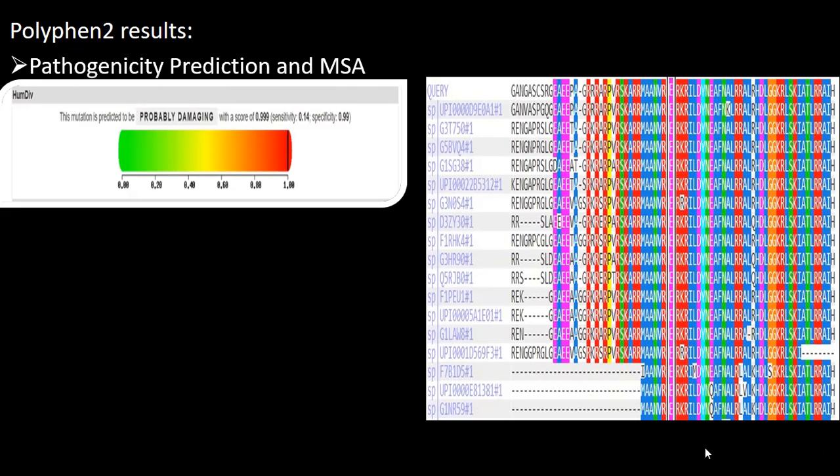The G changed into L, E changed into L. So in the mutation area, my gene was conserved on the other sides of the mutation, but the position where the mutation occurs was not conserved. It means the change of amino acid, G to L, E to L, glutamic acid to leucine.